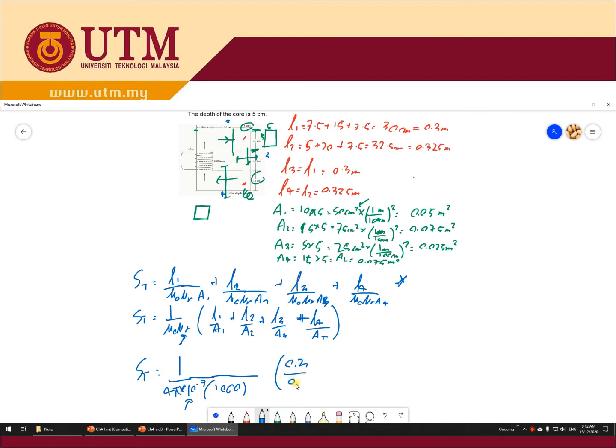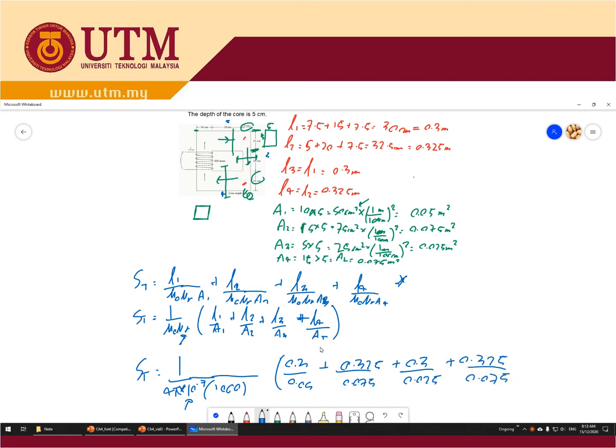0.3 divided by 0.05, plus 0.325 divided by 0.075, plus 0.3 divided by 0.025, and lastly plus 0.325 divided by 0.075.